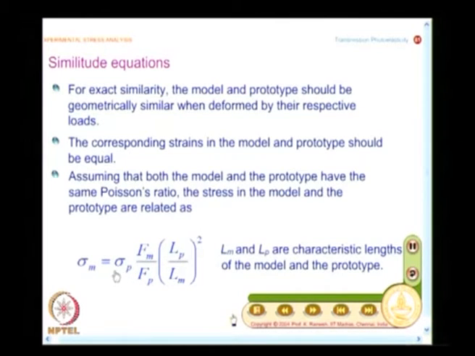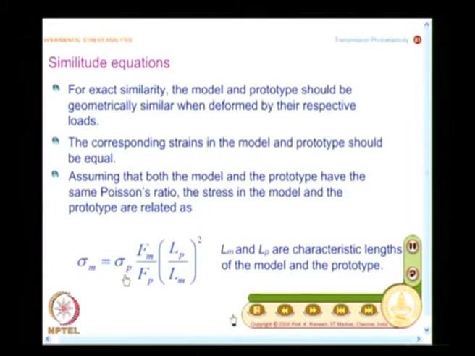So I have sigma_m = sigma_p × (F_m / F_p) × (L_p / L_m)². We bring in characteristic lengths from the model as well as the prototype, and then we find the stress in the model is related to the stress in the prototype like this.